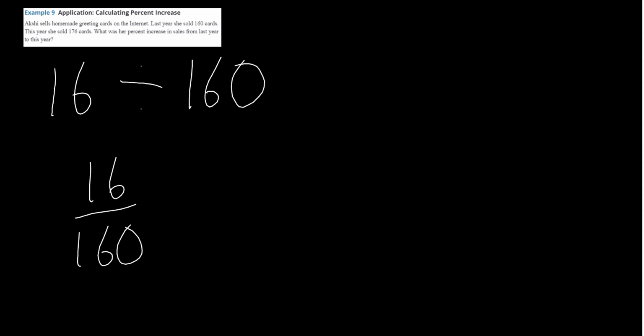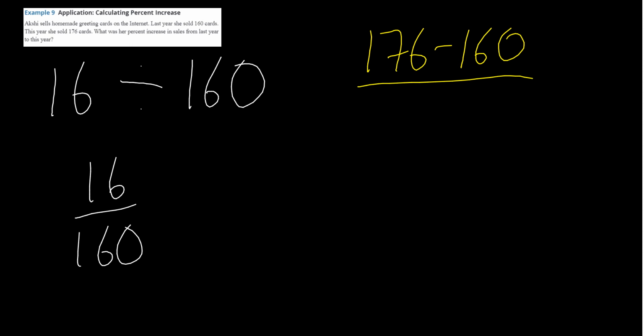Let's do it another way: 176 minus 160 divided by 160. This is going to work every single time we talk about either percent increase or percent decrease. In this particular case, we increased.